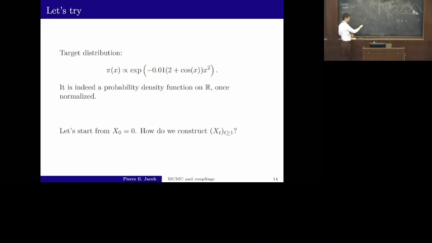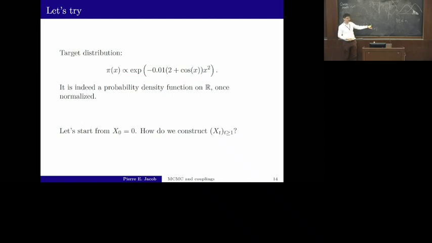So what can we do to move? Propose a move. Yeah, you could imagine, let's sample, we're going to call it x star, centered at x0, with some tuning parameter sigma square. So maybe we run it and then we end up here.